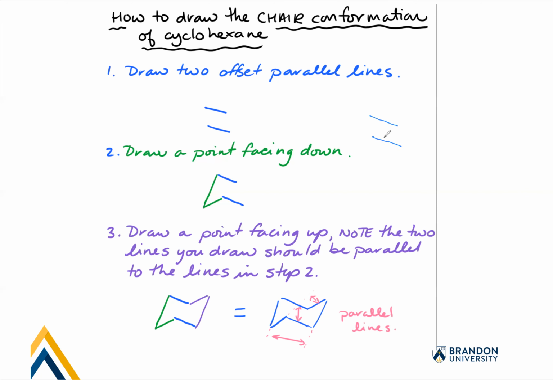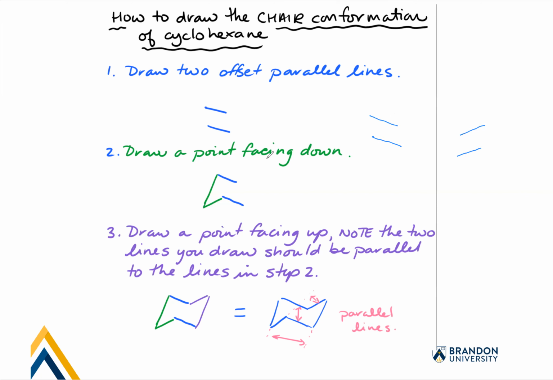The key point is to have, at the start, 2 parallel lines that are slightly offset. And you can draw them in either direction. In doing so, we're going to end up making 2 different types of chairs. But the key point is that the 2 lines should hopefully be parallel.